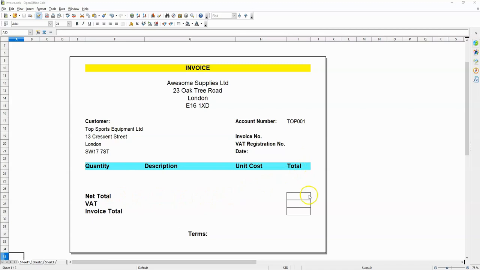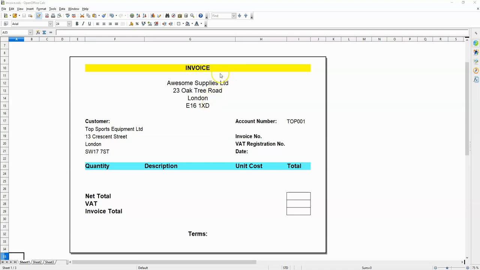That is the net total, the VAT, and the invoice total, plus your terms. That is the terms of the payment. So I've shown you what an invoice should look like and the details that it should contain. Now I'm going to demonstrate how to fill out an invoice correctly.